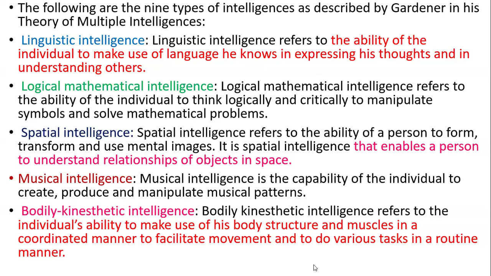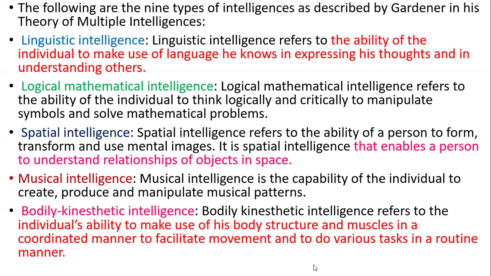Linguistic intelligence refers to the ability of the individual to make use of the language he knows in expressing his thoughts and understanding others. So linguistic intelligence means the ability to use the language he knows to express his thoughts, his feelings, and his understanding of others. If he is able to express all these things, he has linguistic intelligence.